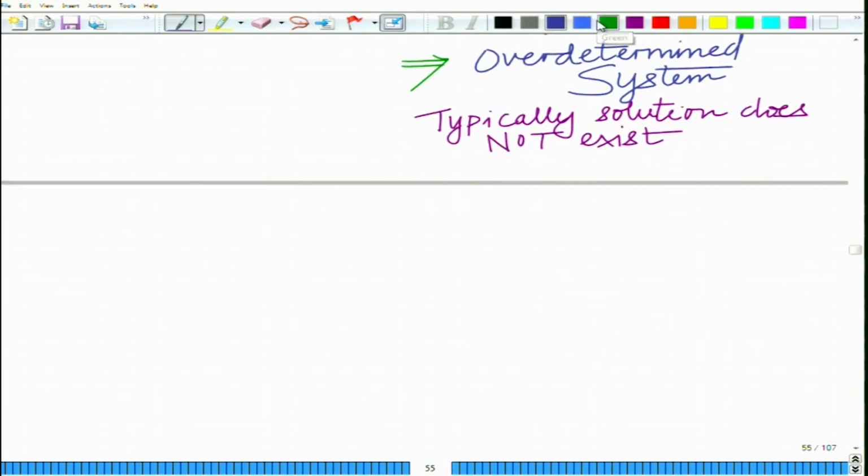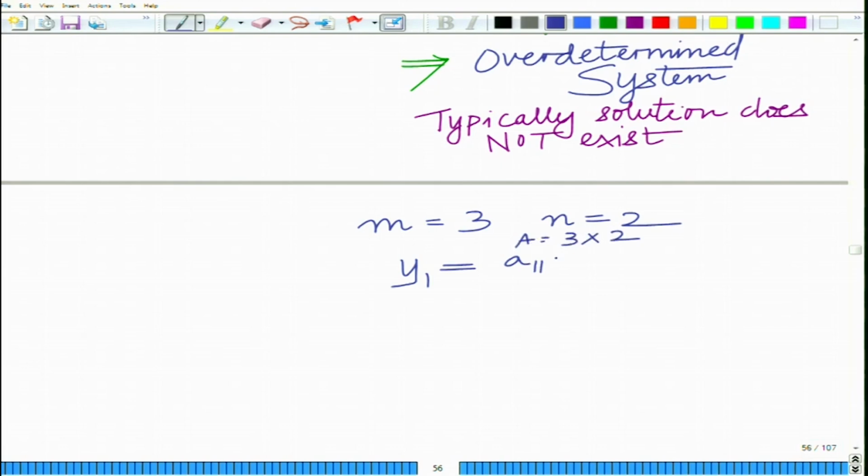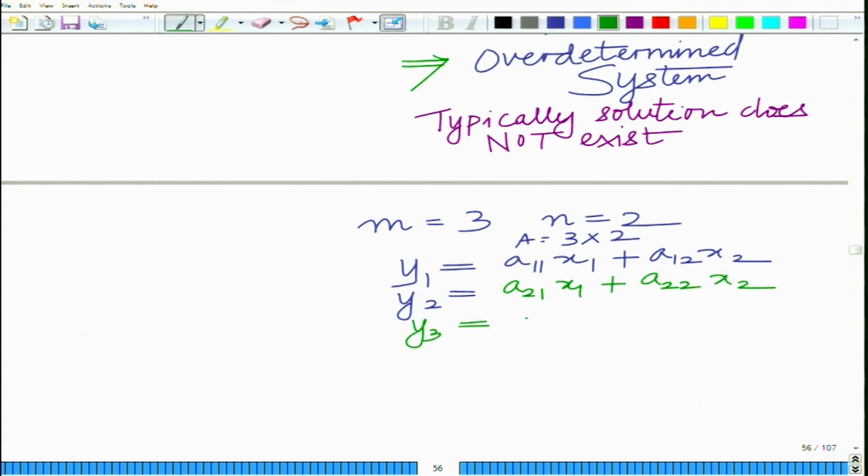Let us take m equal to 3. So A equals a 3 cross 2 matrix. So we have y1 equals a11 x1 plus a12 x2, y2 equals a21 x1 plus a22 x2, y3 equals a31 x1 plus a32 x2.